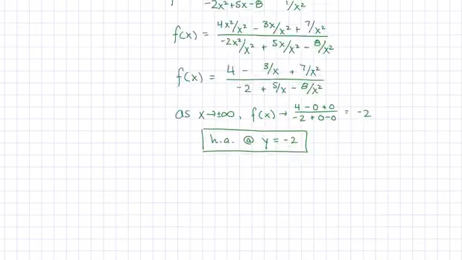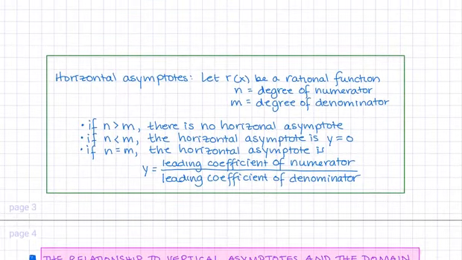So we can summarize that all in this box right here. And this is going to be the shortcut we can take. We don't have to do all that work anymore. All we have to do is look at the degree of the top and the bottom. So if we have a rational function, and n is the degree of the top, and m is the degree of the bottom, if it's a bigger degree on top, there's no horizontal asymptote.